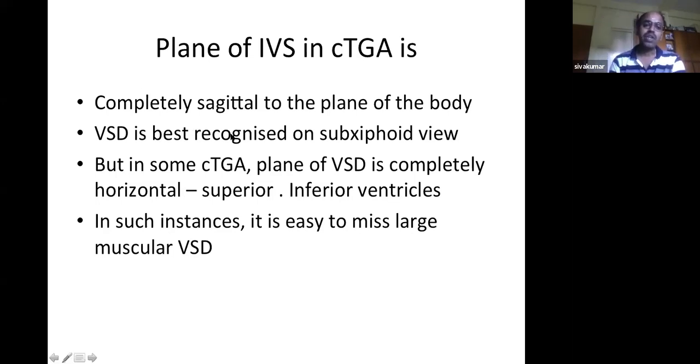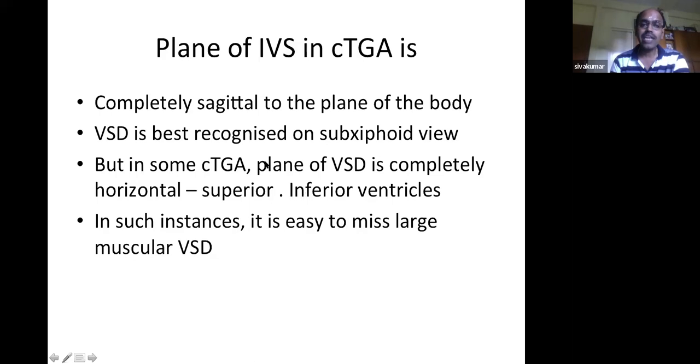The best view to recognize the VSD is the subxiphoid view, and very often in a grown-up patient it will be challenging. So there can be a total miss of a large ventricular septal defect, and it is one of the reasons why, in grown-up patients with corrected transposition going for anatomical repair, some institutions will routinely advocate cardiac catheterization and ventricular angiographies.